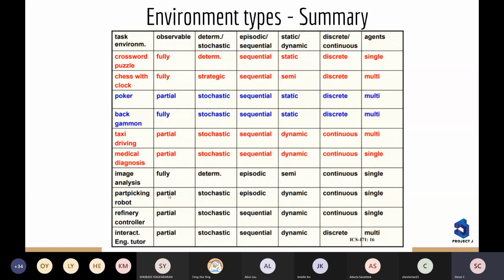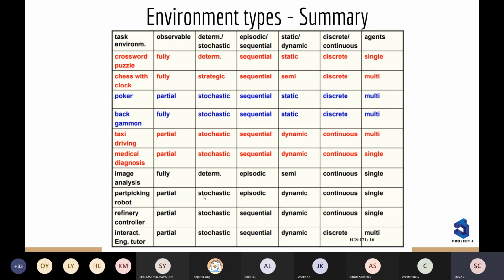Here we call it partially observable because the sensors built for the robot are only used for looking at the items that the robot is going to take. It's not designed to observe the 360 view around it. It only looks at a certain field of vision for the robot.